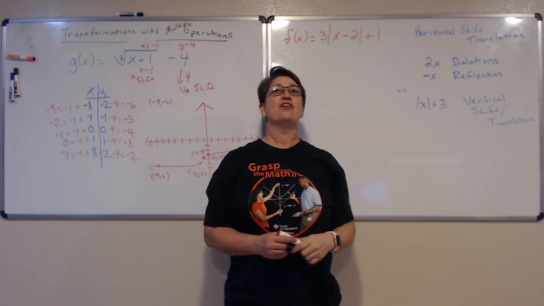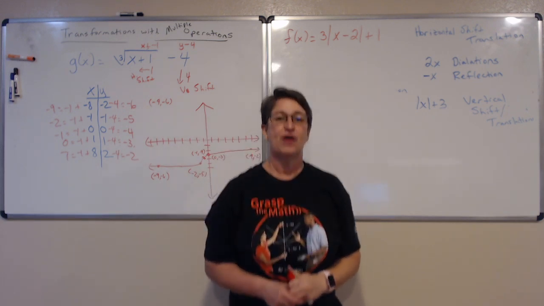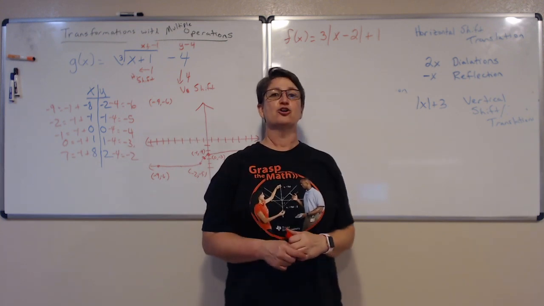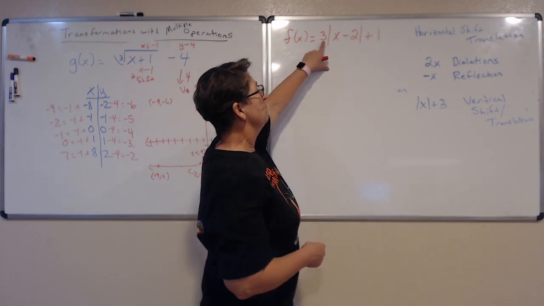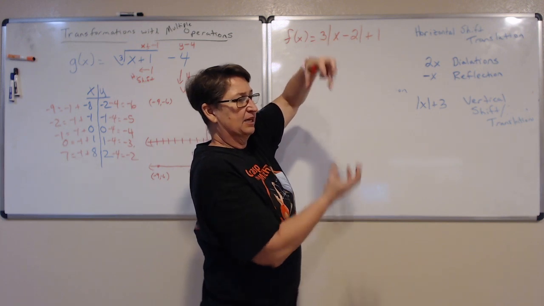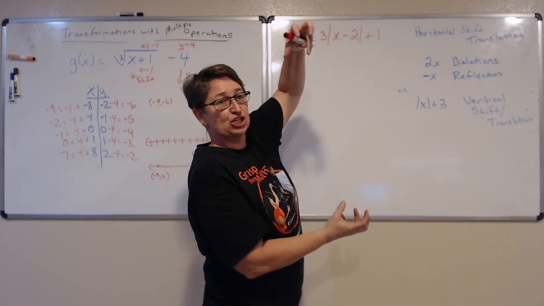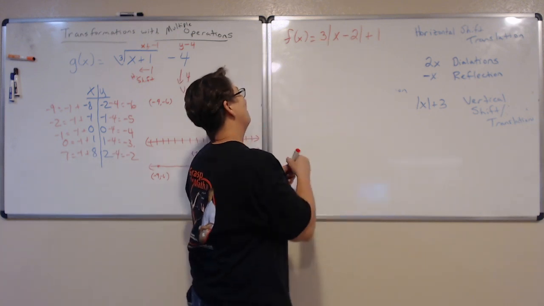And again, when I think about my y values, I think about this axis, so that means it's doing a vertical shift of some sort. And on the outside, it's being multiplied by that 3, so it's dilating it. It's stretching it. So we're going to have a stretch.